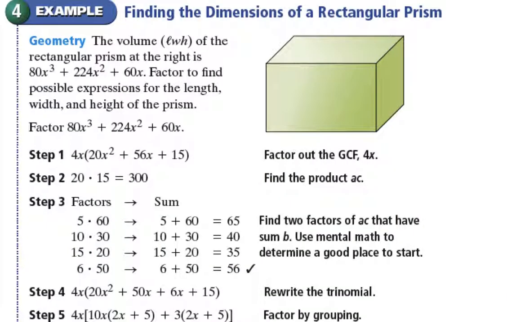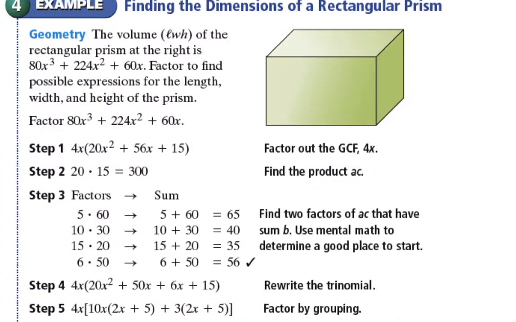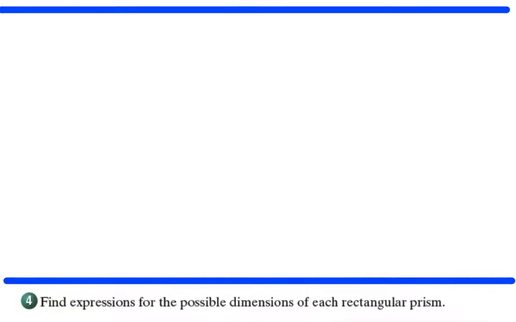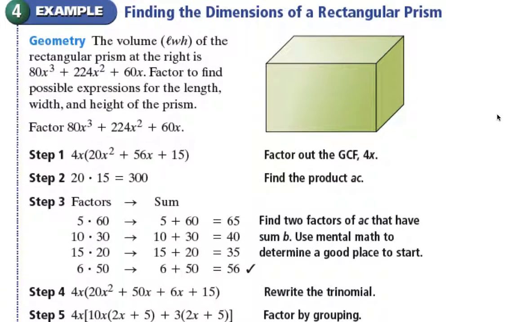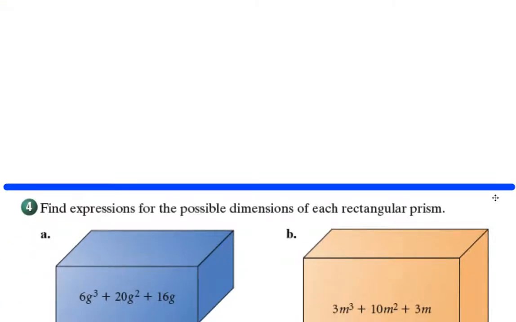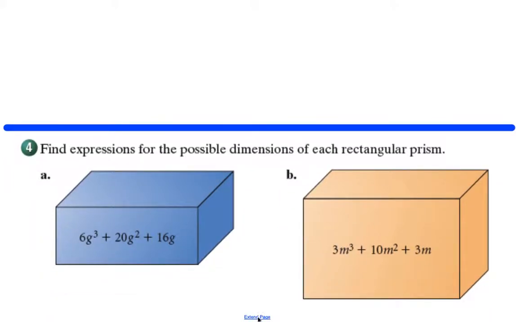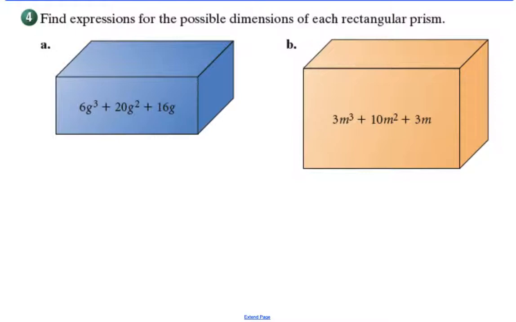All right, example 4. This one is getting to be a bit long. Okay, I don't know what happened to the example, so we'll just do one of the quick checks. And let's go ahead and do this one. So we have 3m cubed plus 10m squared plus 3m.